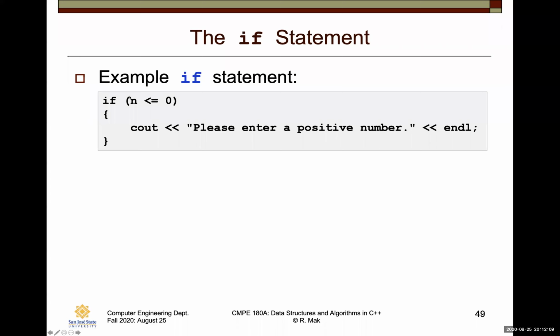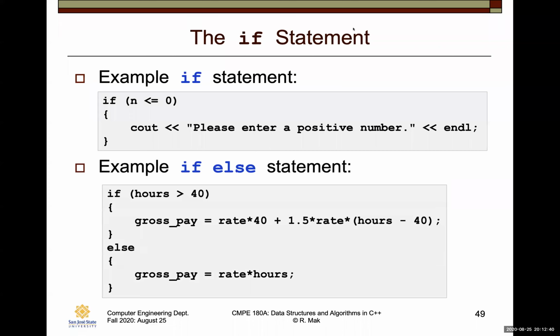You evaluate some Boolean expression, and depending on whether the result is true or false, you do one thing or the other. Now here, it says if this is true, that n is less than or equal to 0, then you want to write out this message. If it's not true, meaning n is greater than 0, then you do not execute this statement. Okay? So that's how an if statement works.